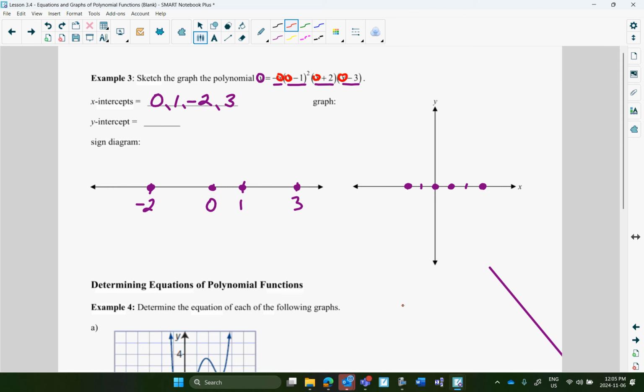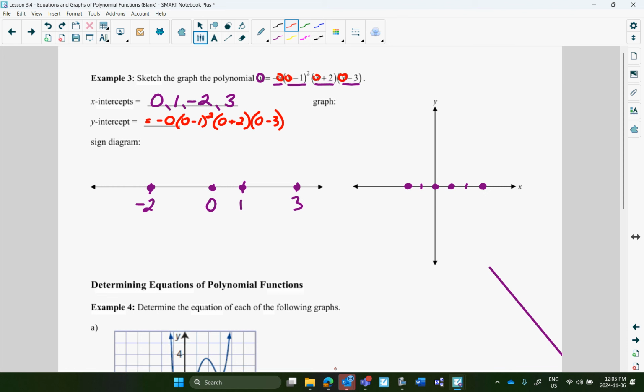So to find the y-intercept, it's going to equal -0 times 0 minus 1 squared times 0 plus 2 times 0 minus 3. What's that? Yeah.